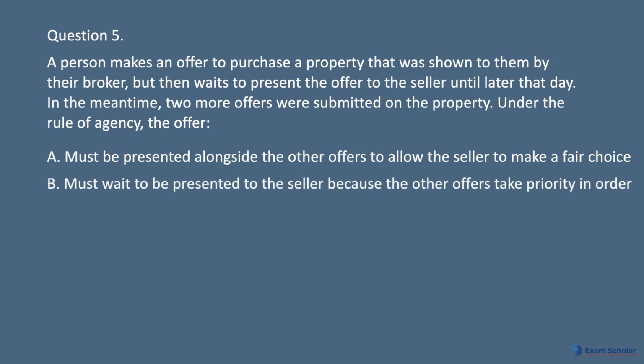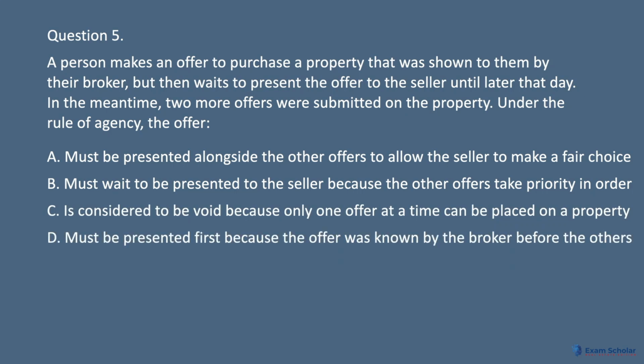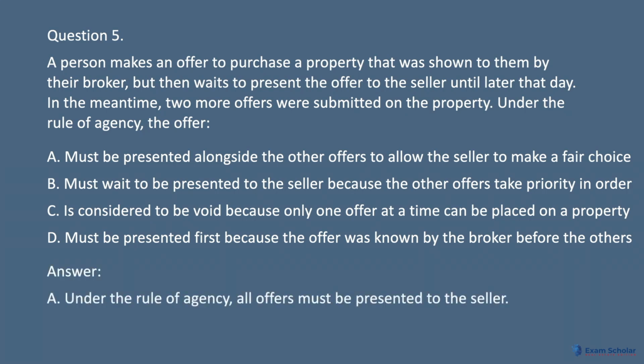B. Must wait to be presented to the seller because the other offers take priority in order. C. Is considered to be void because only one offer at a time can be placed on a property. D. Must be presented first because the offer was known by the broker before the others. Answer. A. Under the rule of agency, all offers must be presented to the seller.